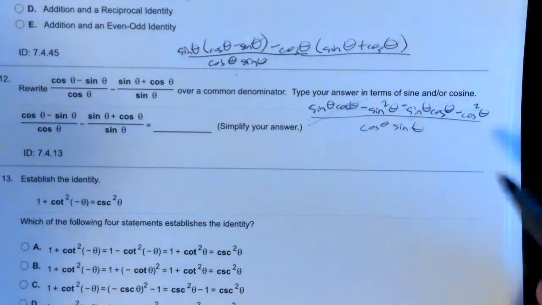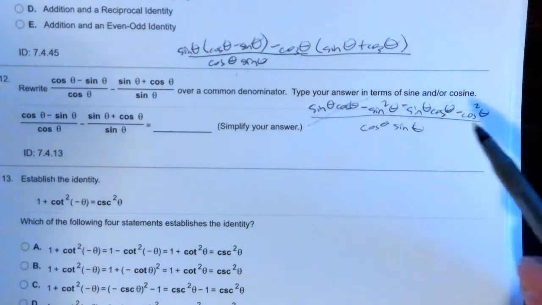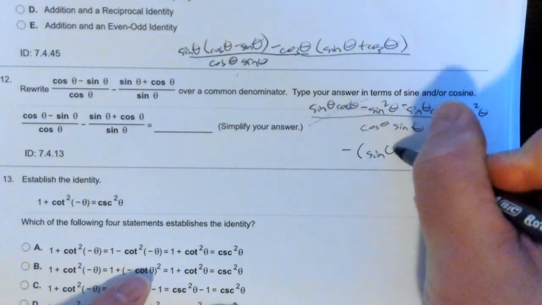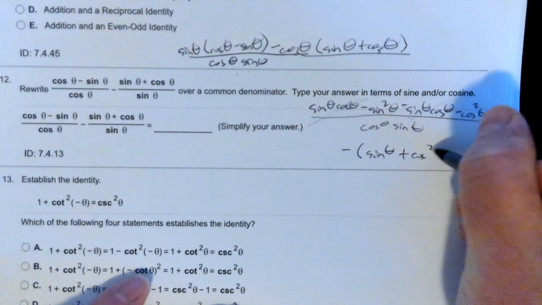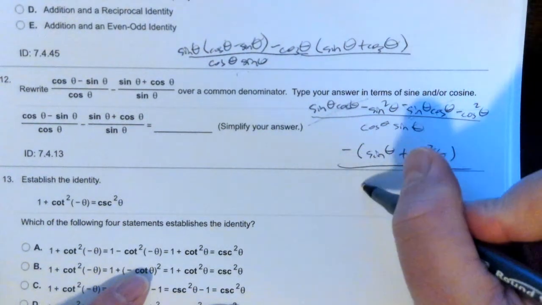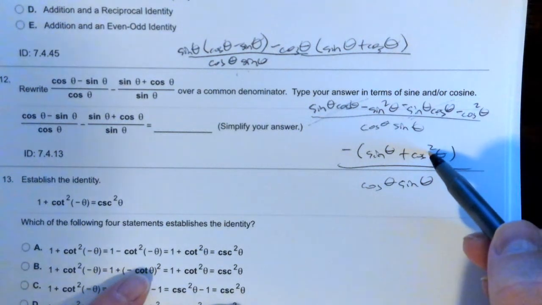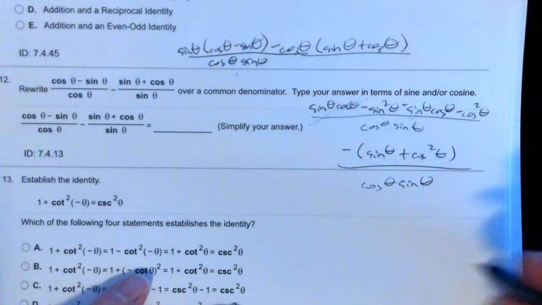So our next step would be factor out a minus sign from these 2 terms. And then that changes to 1 from the Pythagorean identity.